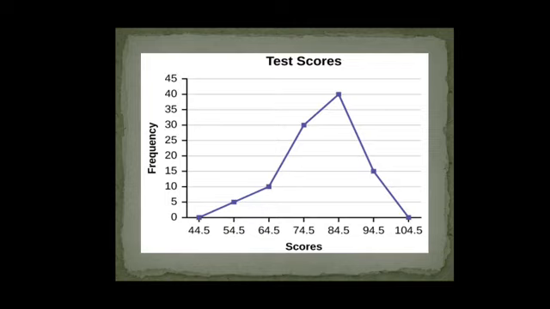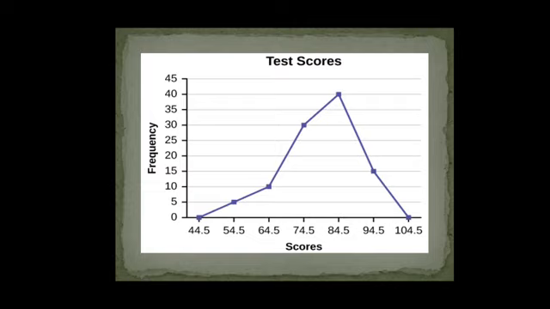Now first draw a set of axes with frequency on the y-axis and test scores on the x-axis. On the x-axis, we mark the mid-values of class intervals such as 54.5, 64.5 and so on till 94.5 by using a suitable scale.